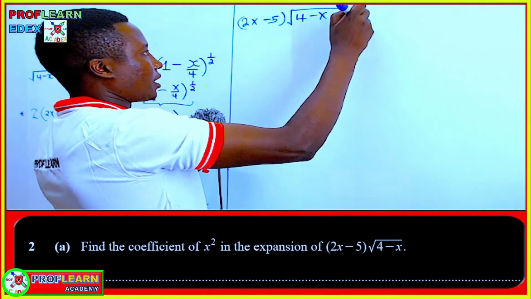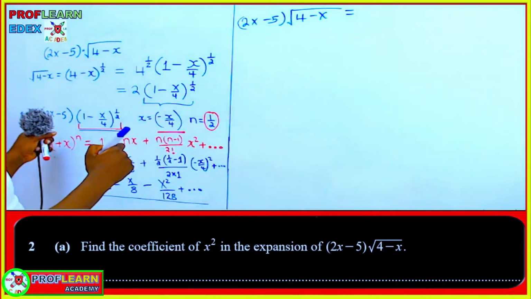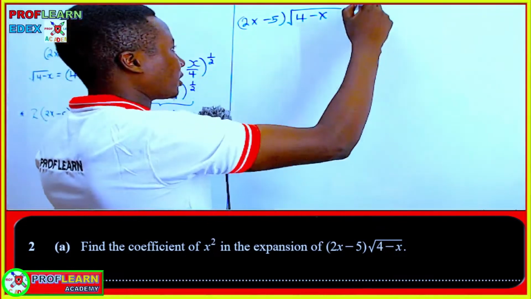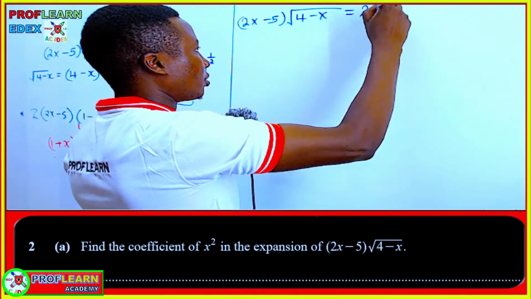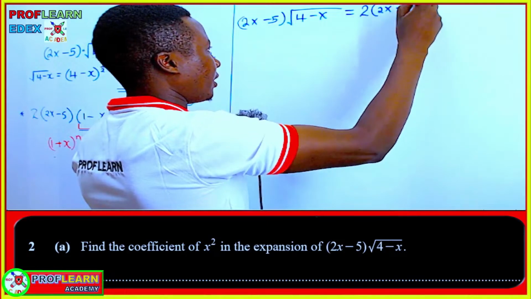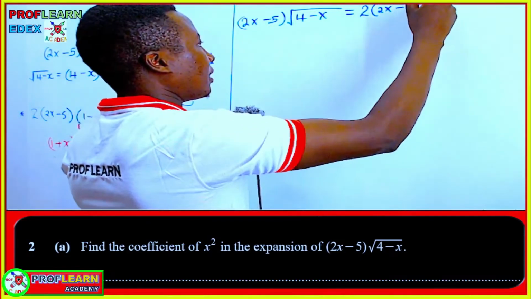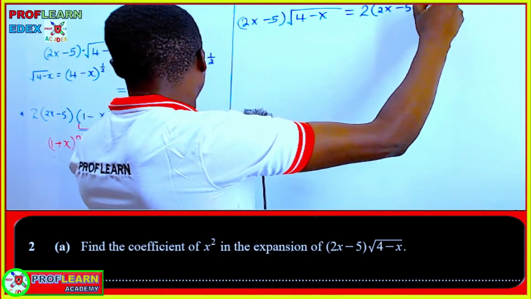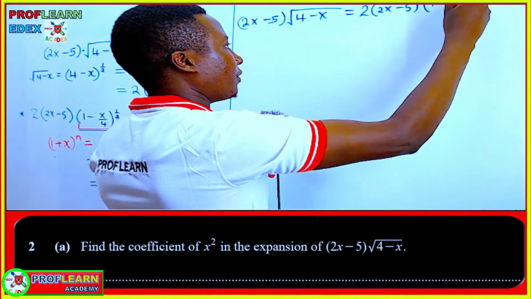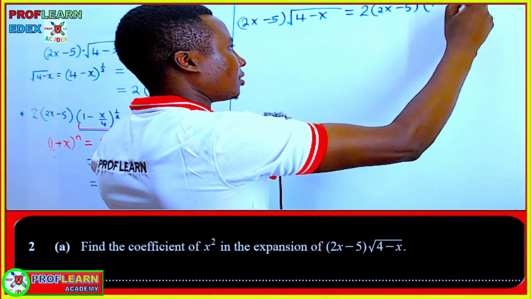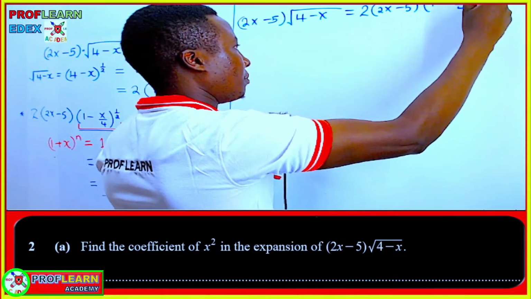This can be written as 2 into 2x minus 5, and then 1 minus x over 4 raised to power a half.